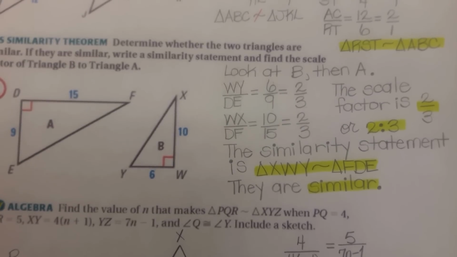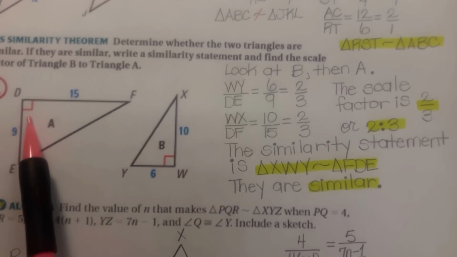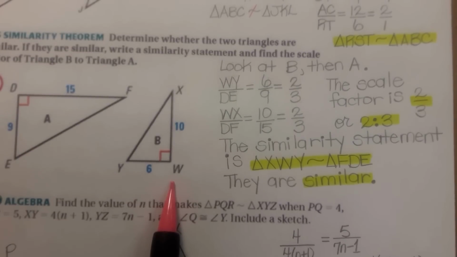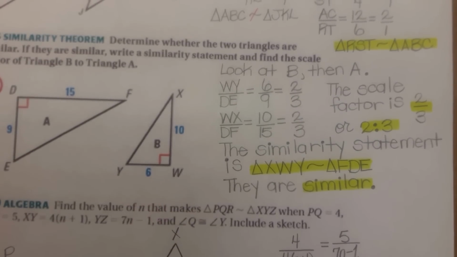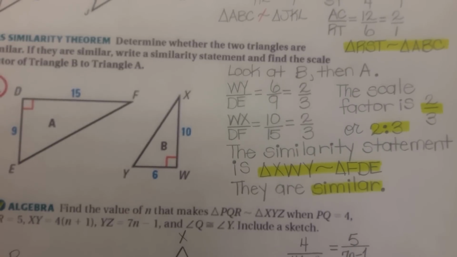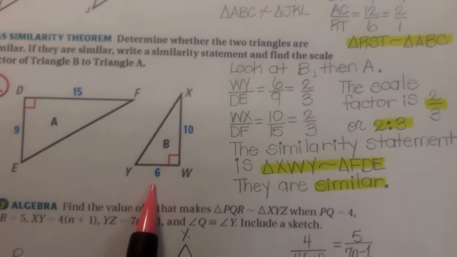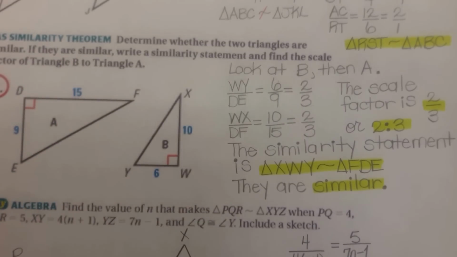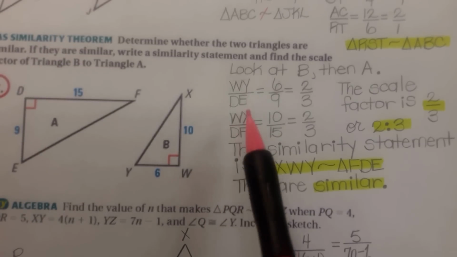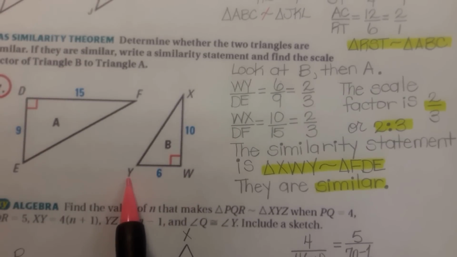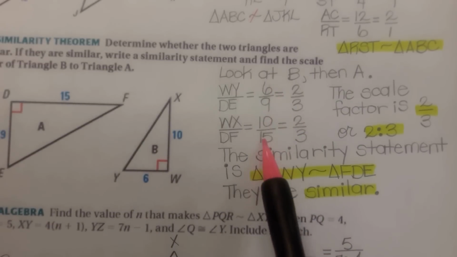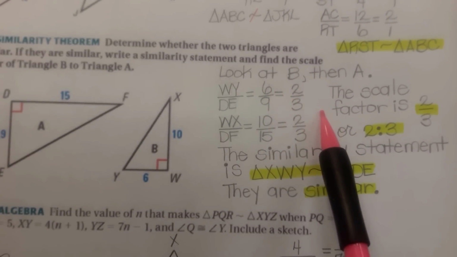So I notice off the top that I'm dealing with a right angle. So that tells me that D and W, they'll go together. When you look at the corresponding sides, you have a small number, larger number, and that's how I want to line them up to help me. So I know that WY corresponds to DE, which is 6 over 9, which simplifies to 2/3.